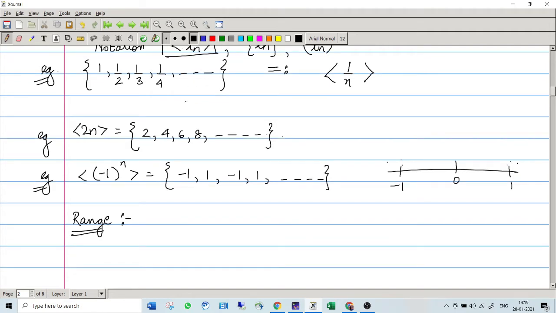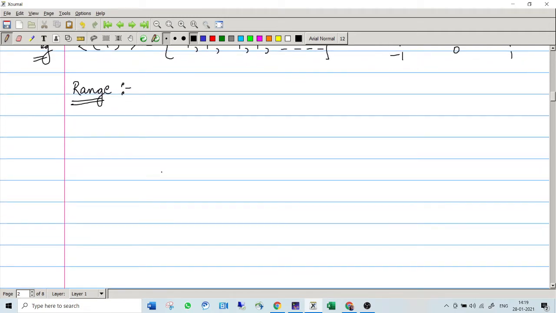So the range of a sequence is basically the set of the answers which you have got, in simple terms. So for example, you have the sequence 1 by n. So the range of the sequence is going to be 1, 1 by 2, 1 by 3, 1 by 4, and so on, right?